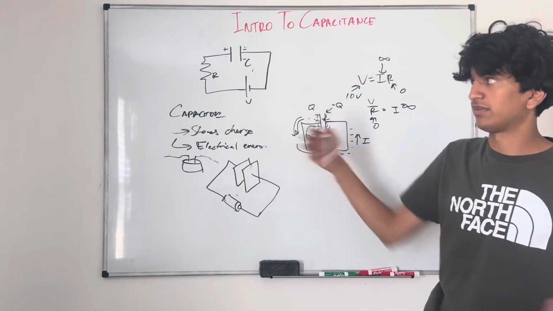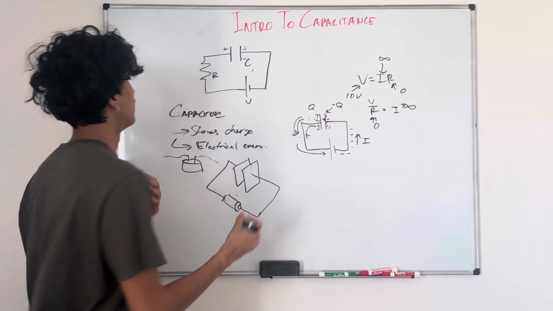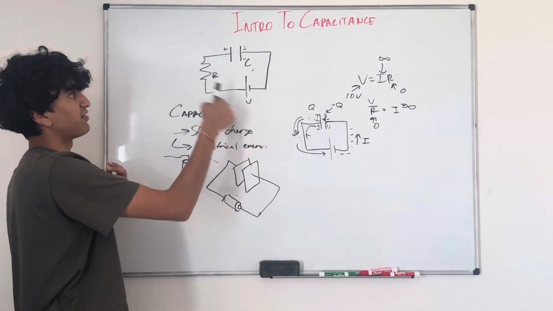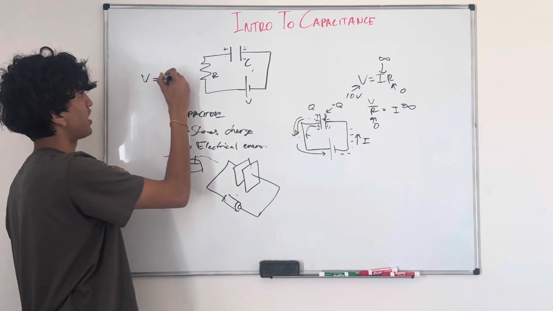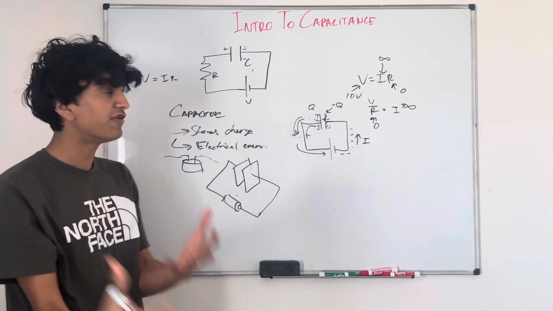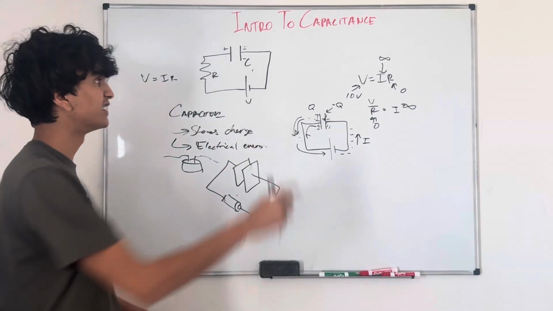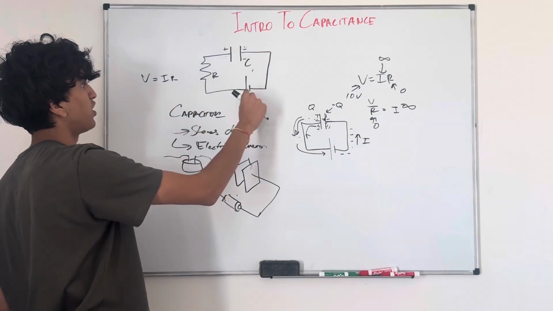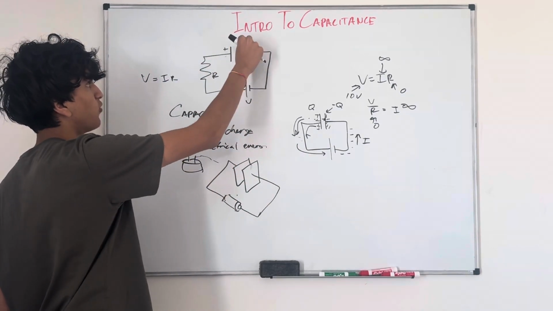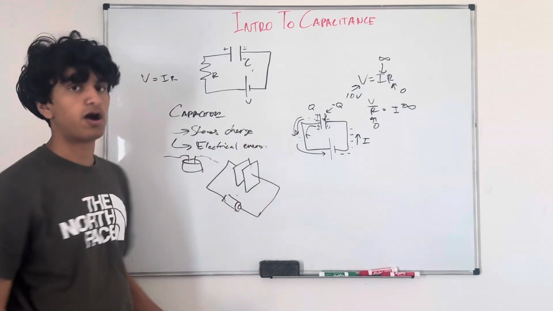Ohm's law still applies. You could find the current through the circuit by just doing V equals IR. That capacitor is not having any effect on your circuit because for that one instant, the positive is freely able to move here and then one positive is freely able to move out.